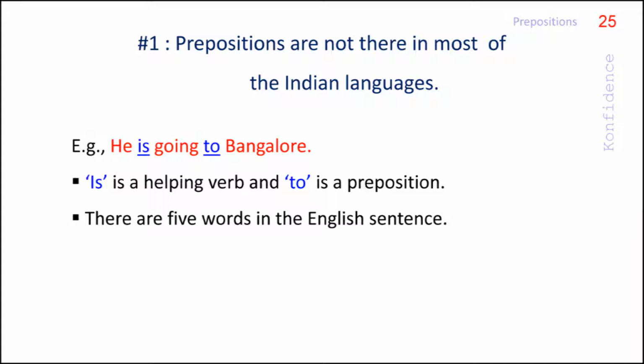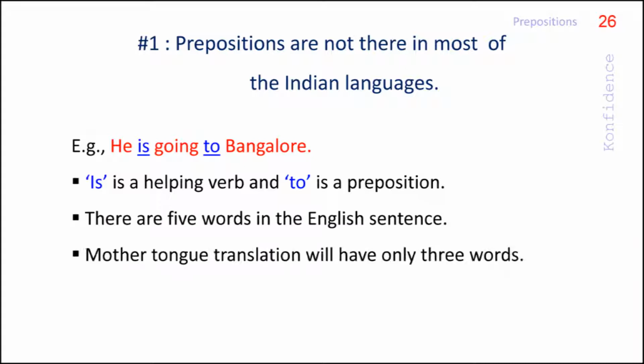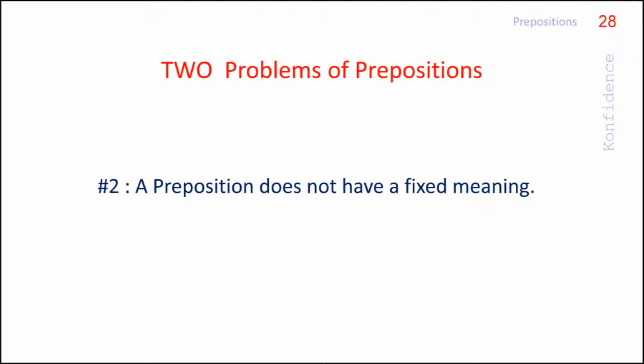There are 5 words in the English sentence, but its mother tongue translation will have only 3 words. Because of this, we have every chance of making mistakes when we use prepositions.